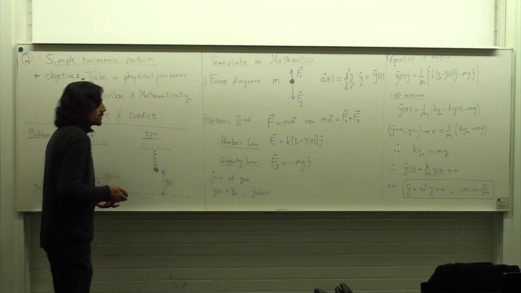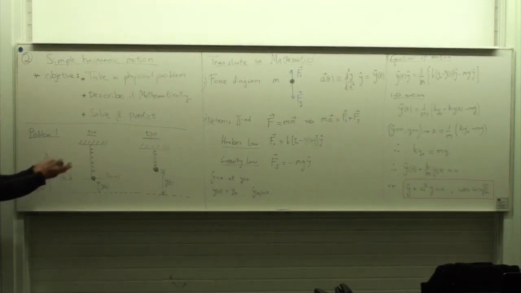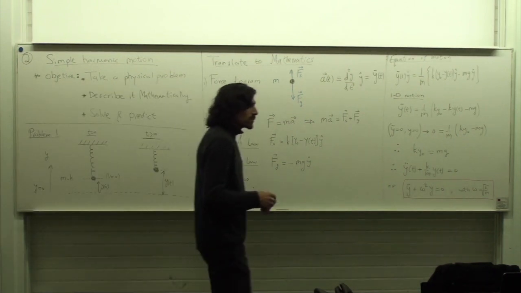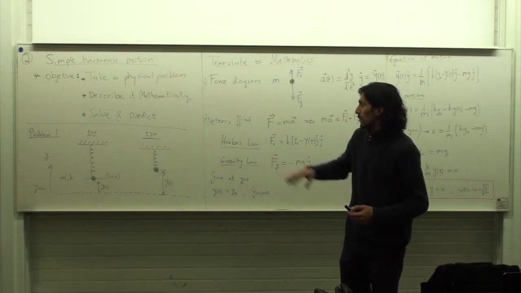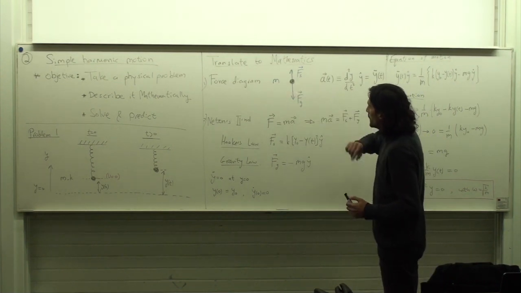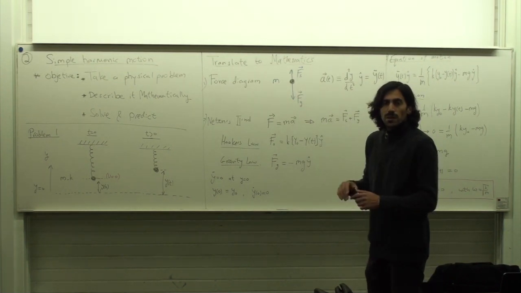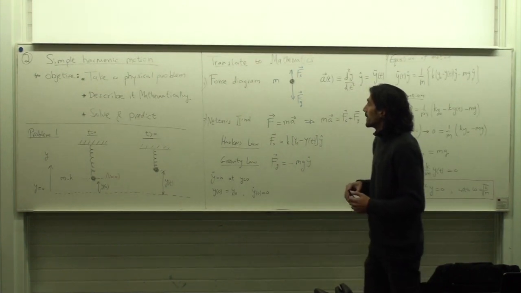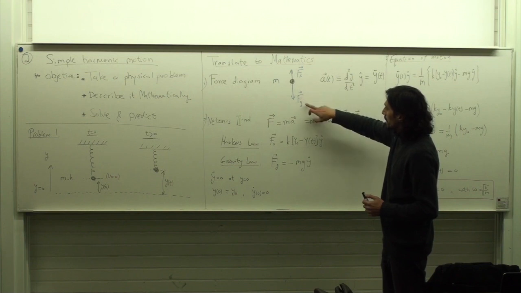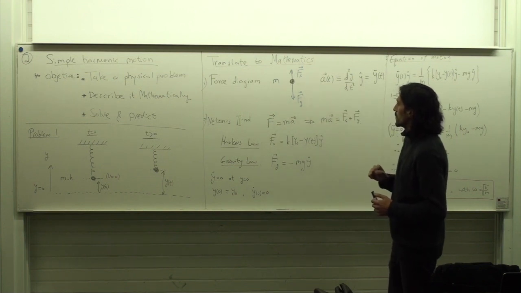So the first thing we want to do is translate this real problem into mathematics. We start with a force diagram, or a free body diagram. This is the mass that we have, and we put all the forces that act upon it. The forces that act are the gravity force and the spring force.